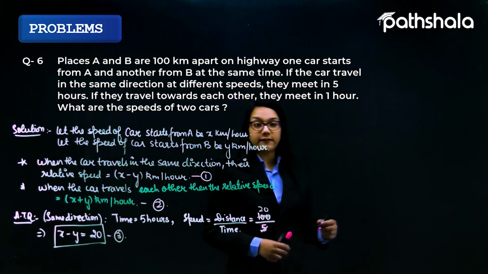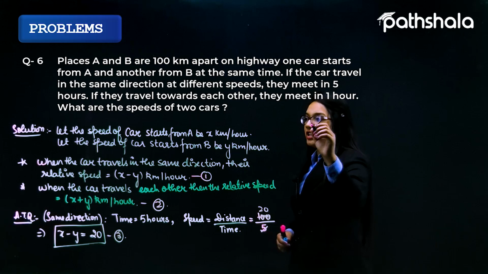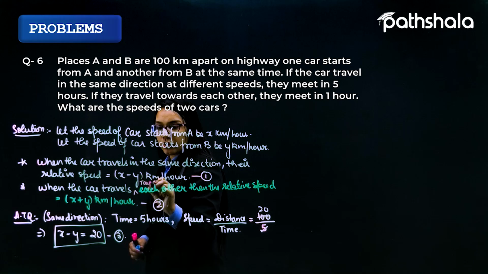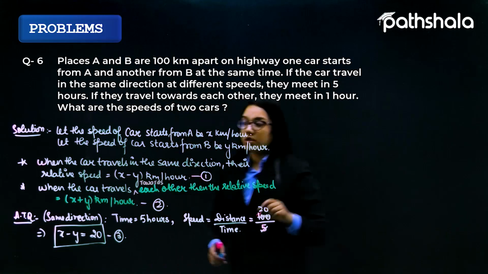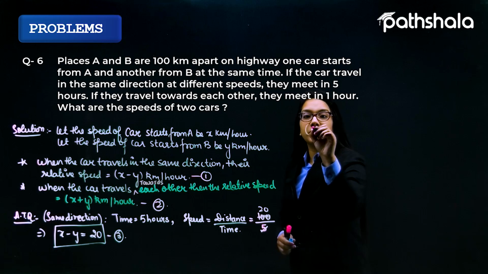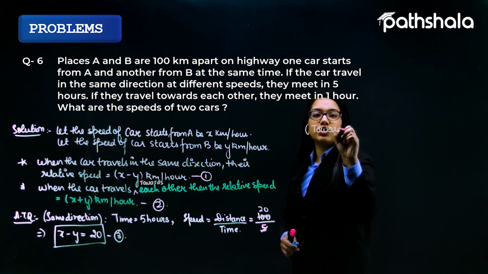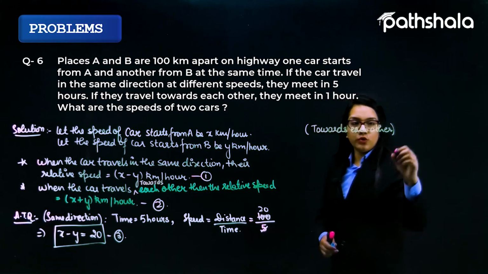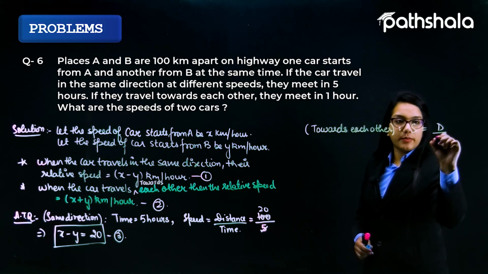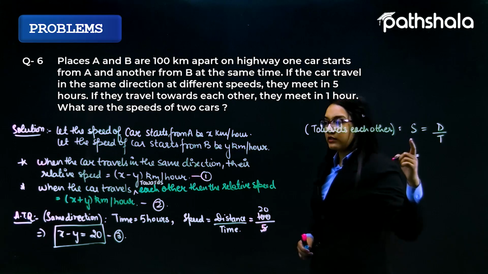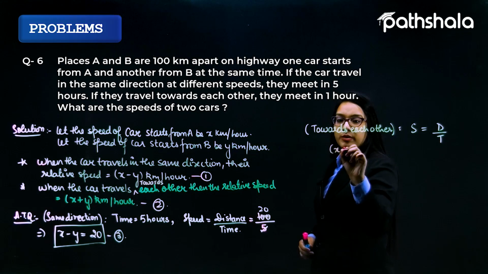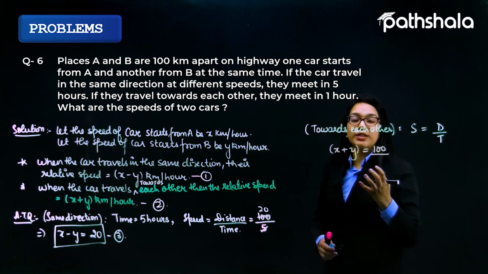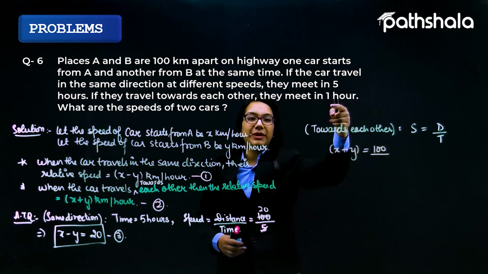Now further, when the cars travel towards each other, we again know that speed is equal to distance upon time, and the relative speed is x plus y, which is equal to distance 100 upon time. The time is mentioned to us: they meet in 1 hour.